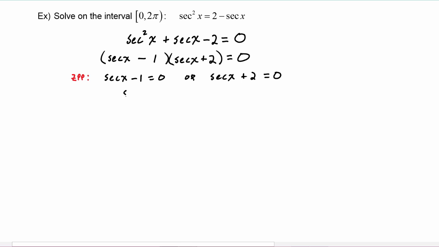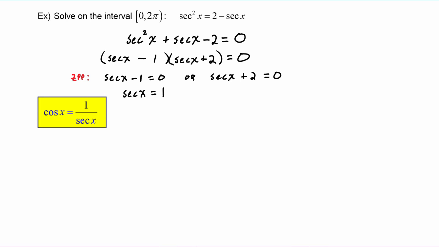So we get secant of x is equal to 1. Most people tend to think more quickly in terms of cosine, so let's go ahead and convert this, and we get that cosine of x is equal to 1.